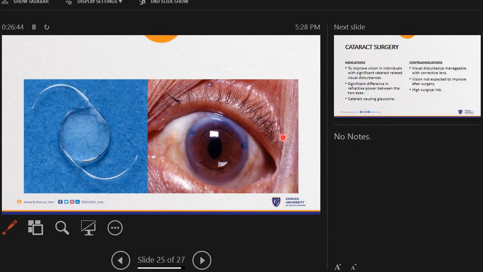This picture just shows this intraocular lens, and you can see it right here. It's been inserted into the eye.